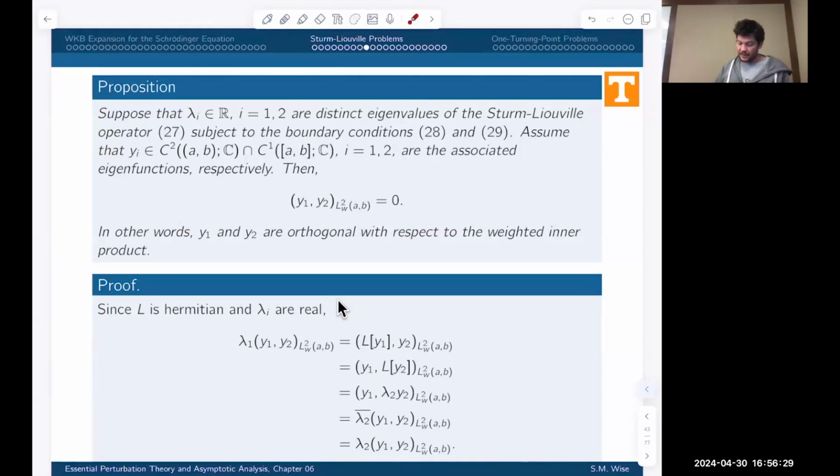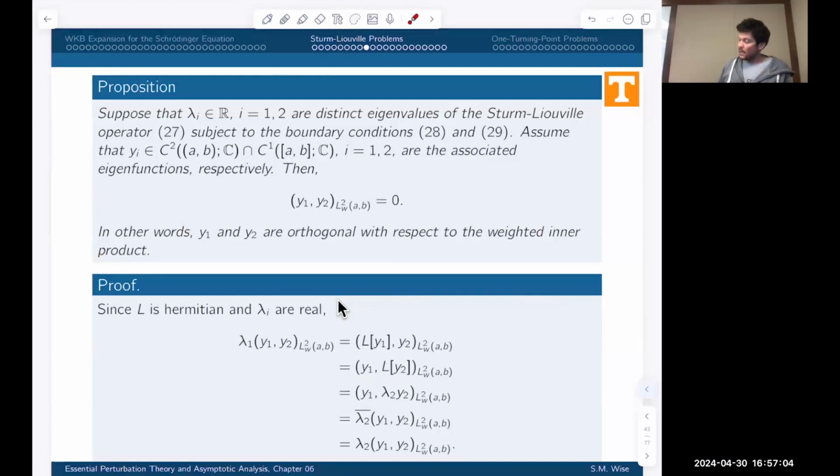Again, we're going to use the fact that L is Hermitian and lambda i are real to do this. So let's start off with lambda 1 times the inner product of y1 with y2 in this weighted L2 inner product. I can move the lambda 1 onto the y1, so that can be replaced with L of y1. L is a Hermitian operator, so it can hop from y1 over to y2.